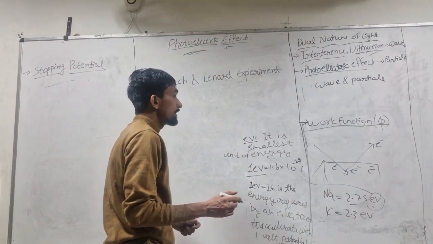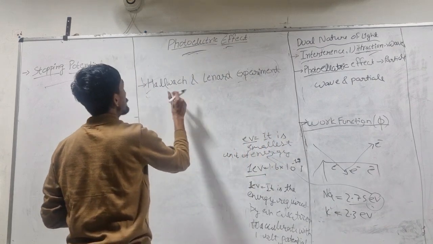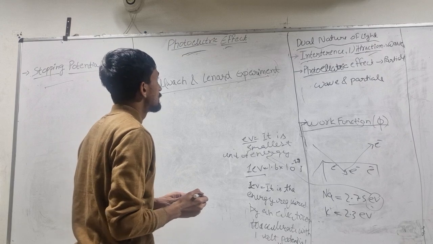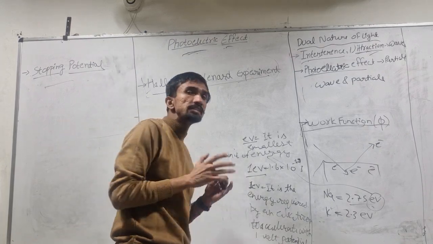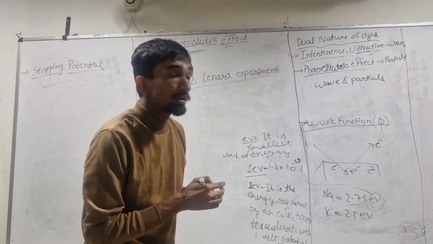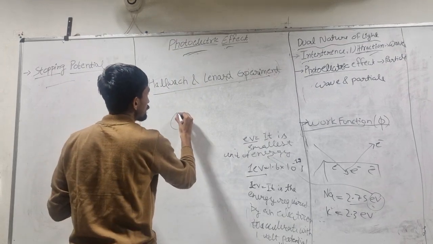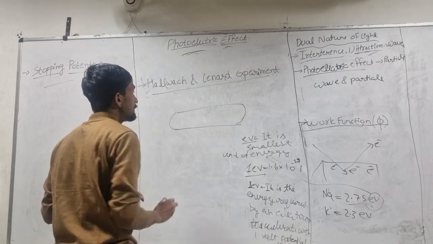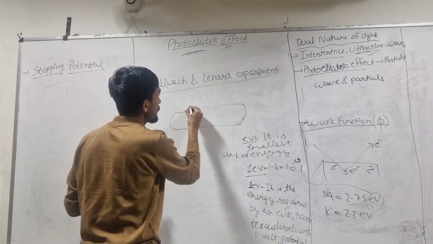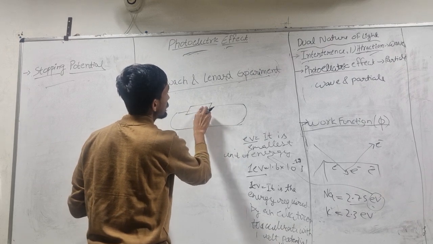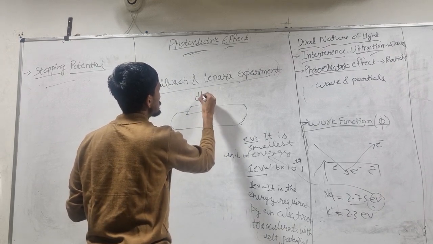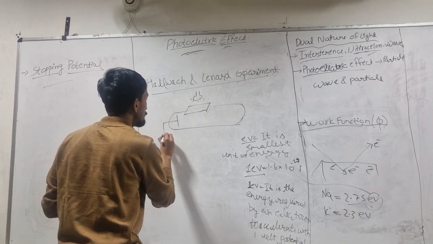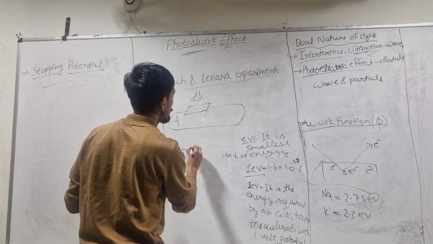So now we can go for our next topic, Hallwachs and Lenard experiment. So what is this Hallwachs and Lenard experiment? They basically investigated the photoelectric effect. So this is the setup of their experiment. They use a glass tube with a quartz window over there to incident the light. There is one electrode, the cathode.